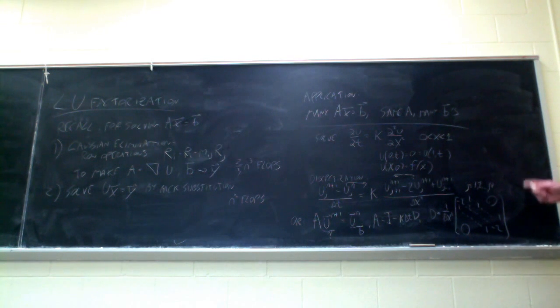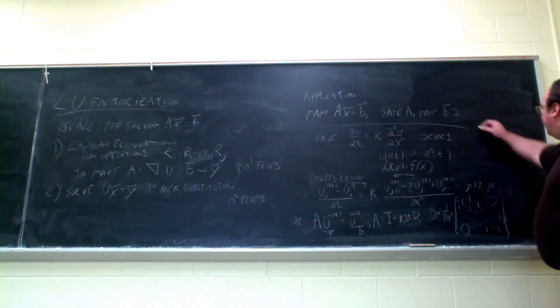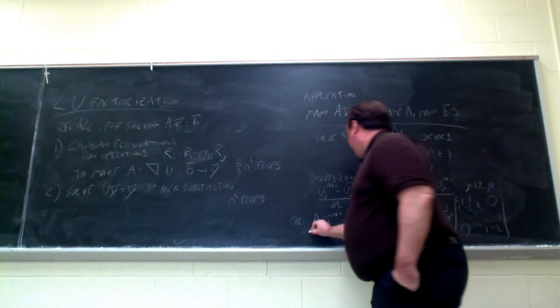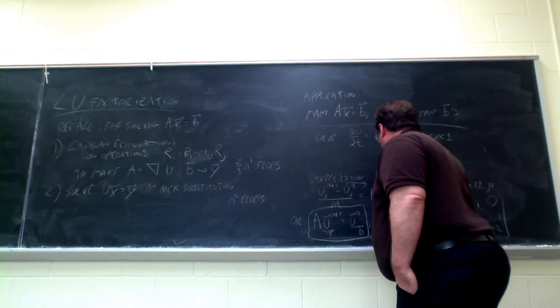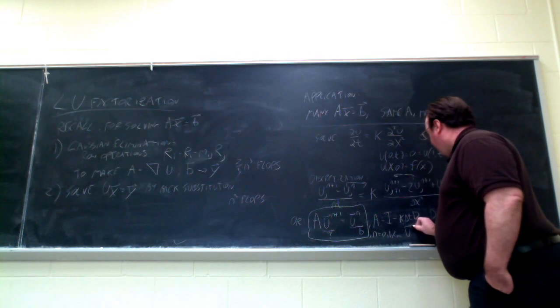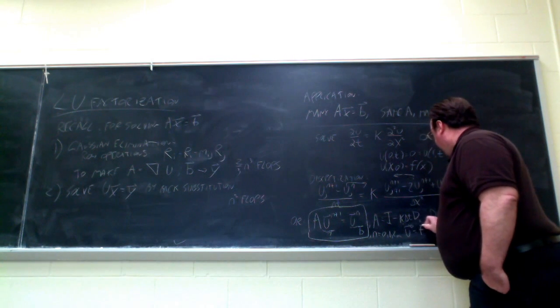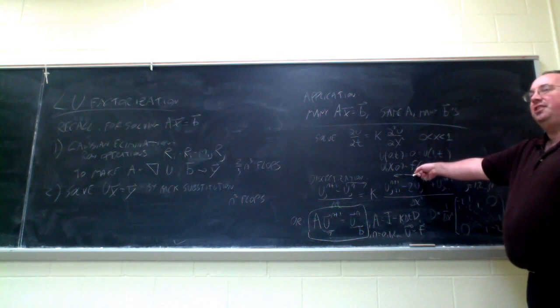So now, for time stepping purposes, what I do is solve this repeatedly for n equals 0, 1, 2, and so forth, where u^0 is some vector f that comes from my initial condition.